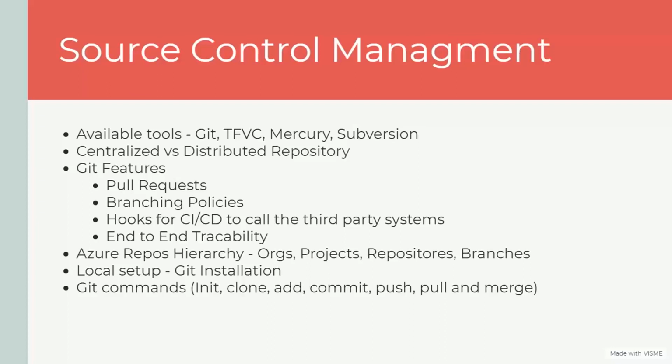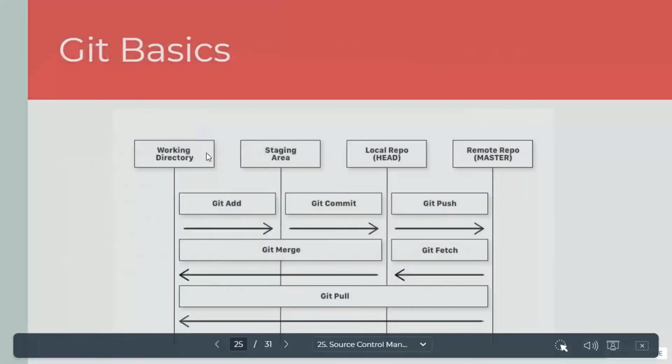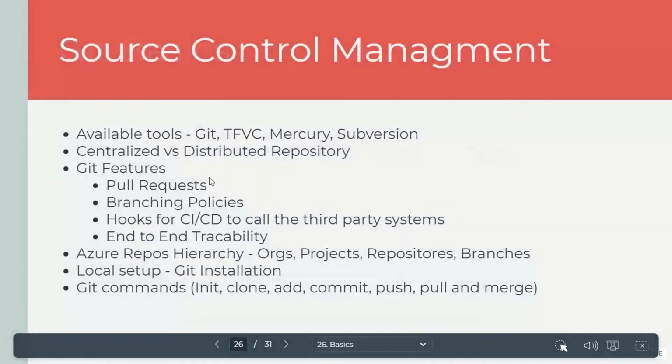Others can do the same way, and if there is any merge conflict, we need to resolve it locally and then push it. So that's why Git comes under distributed source code management, and TFVC comes under the centralized one.